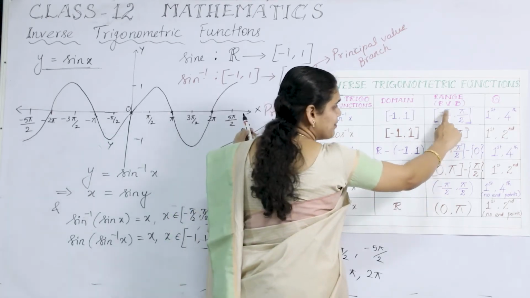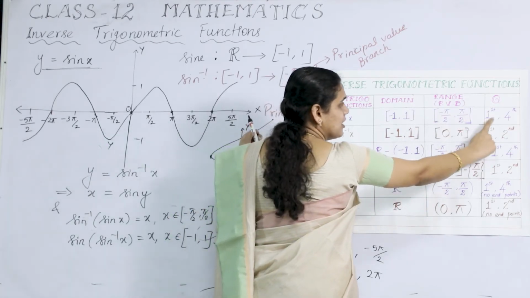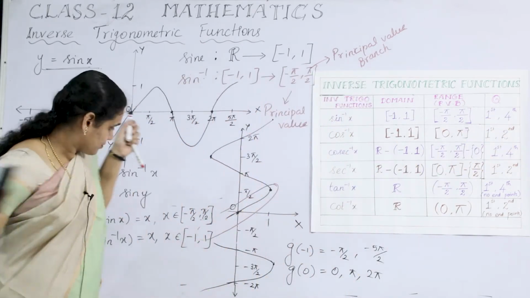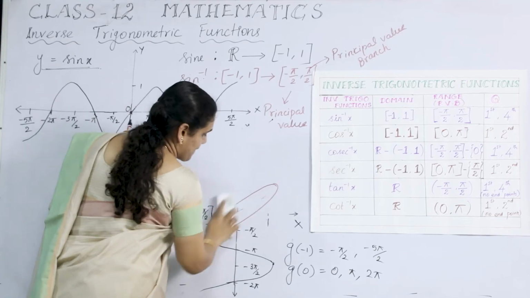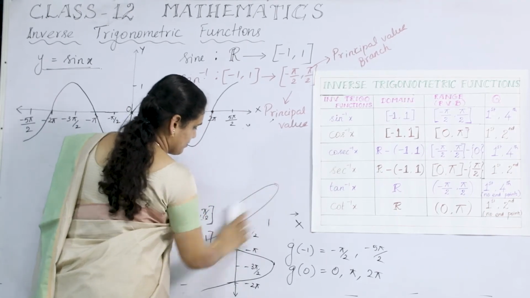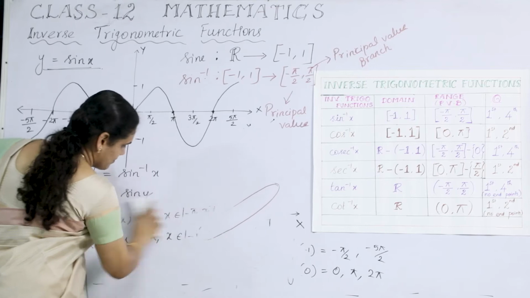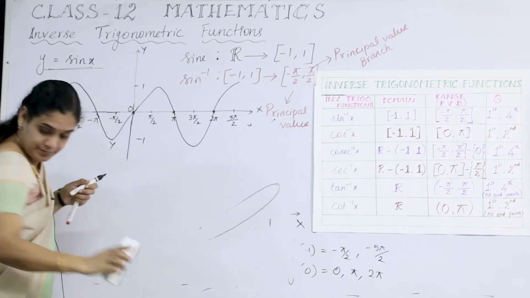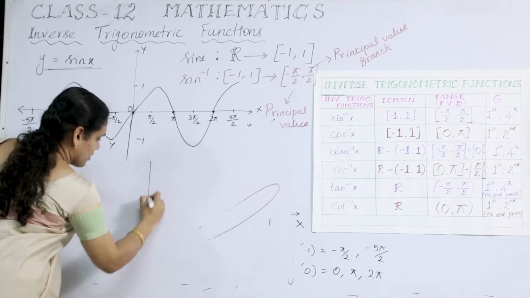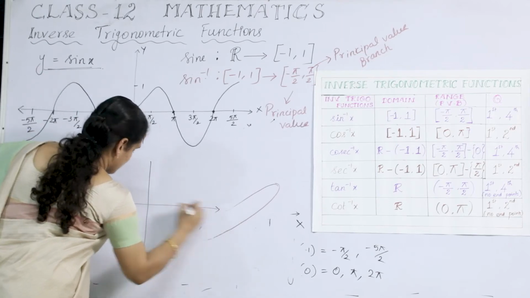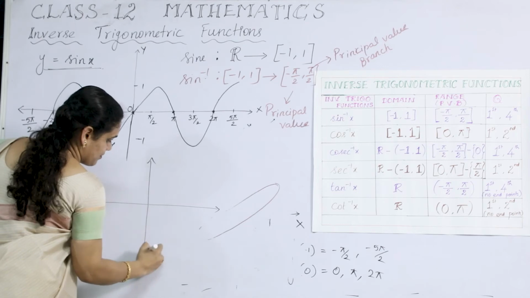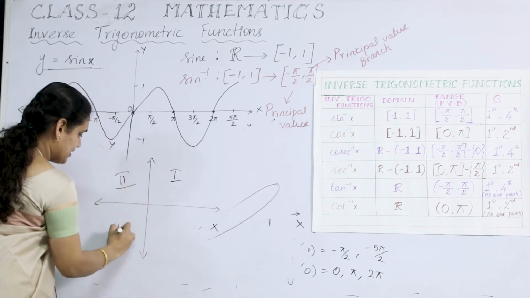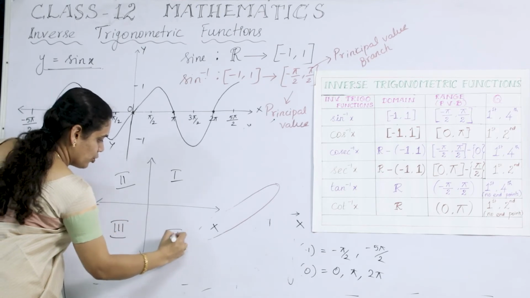Here minus pi by 2 comma pi by 2 lies in the first and the fourth quadrant. This is our first quadrant, this is our second, this is our third, and this is our fourth quadrant, right?